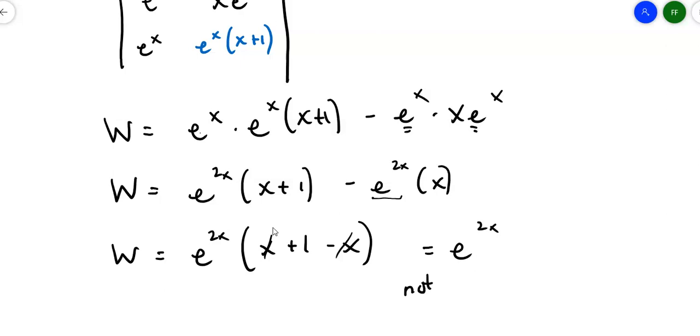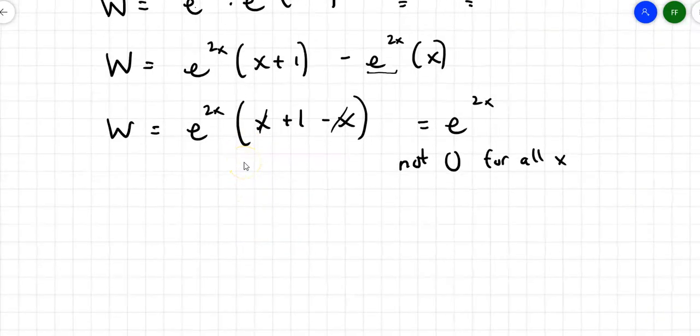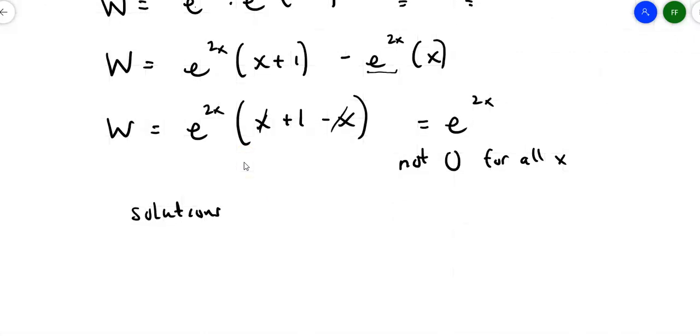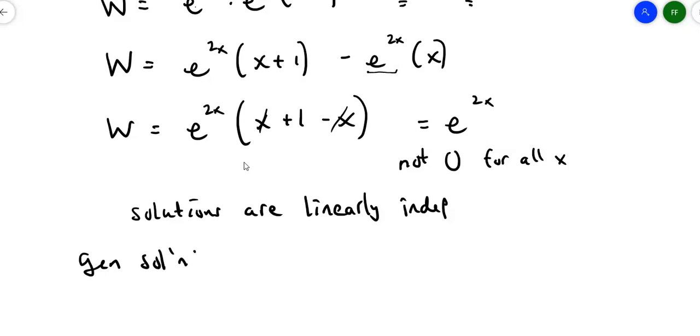Notice that this is not 0 for all x. It's actually not 0 for any x. Which means what? Which means that the solutions are linearly independent. Which means what else? I can write the general solution, and if you're taking differential equations, maybe you've seen this and now you're starting to have flashbacks.